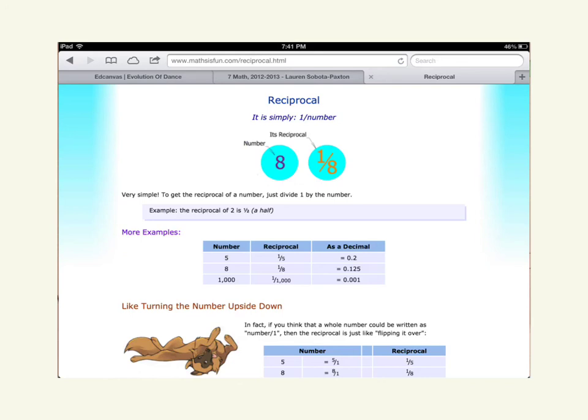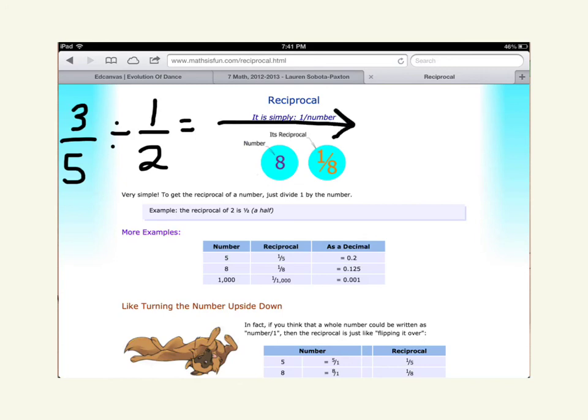So kind of related to what you did last year in 6th grade. In 6th grade, you did a lot of operations with fractions. One operation that you did was dividing fractions. So let's take the fraction 3/5 and divide it by 1/2, for example. When you divided this fraction, in order to solve it correctly, you may have been taught a little jingle to remember what to do. What I always would tell my students to do is to flip the second guy and multiply.